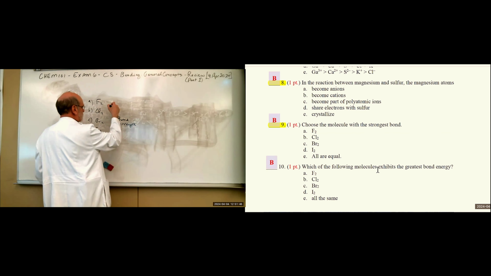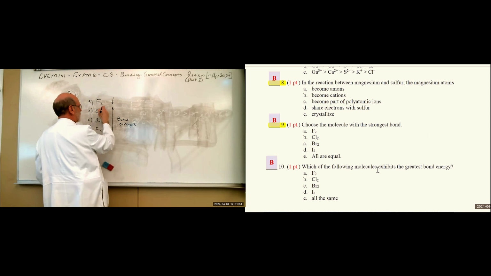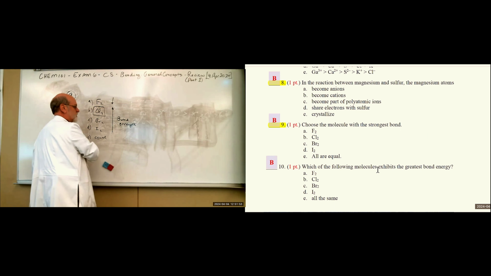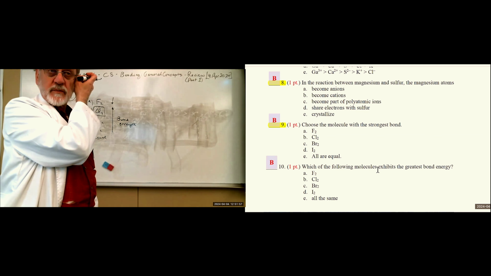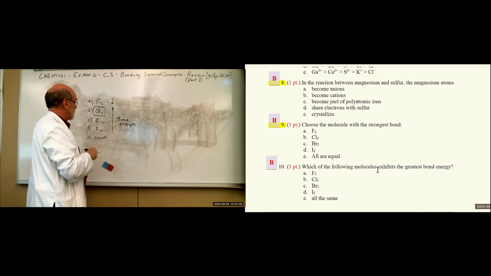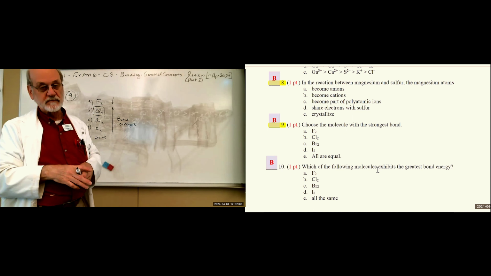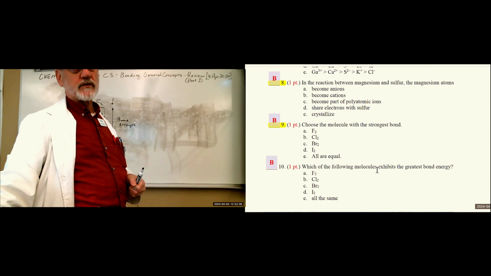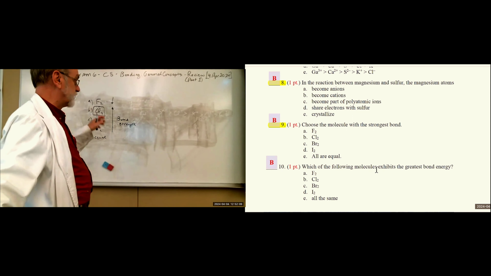So the bond strength here goes back down. And this one is the strongest bond, the chlorine. Dichlorine is the strongest bond because the fluorine atoms get too close to one another in their bond. It weakens the strength of the bond. And if we had numbers to go with it, we could prove it.